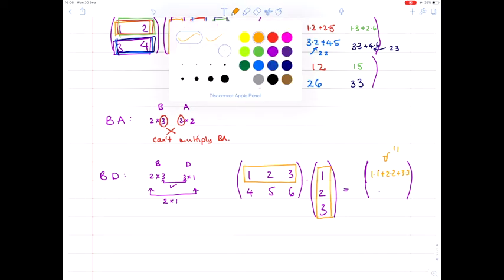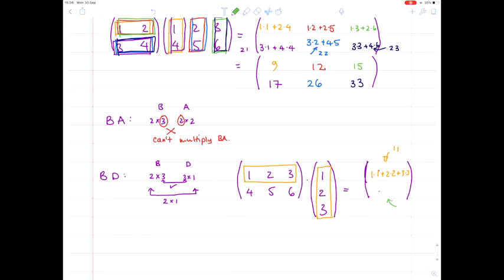And then if we look at our second entry, this is our second row, first column. So it says take the second row of your first item and multiply it by the first column, well, the only column. And so we're going to get 4 times 1 plus 5 times 2 plus 6 times 3. And if you work out each of those, then you'll end up with something that only has 2 numbers in it. So let's quickly do that.